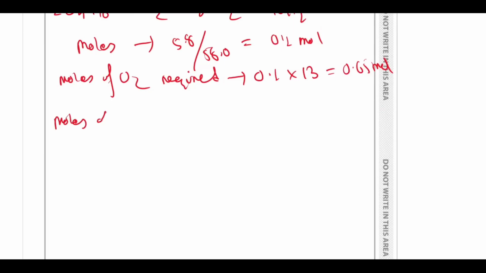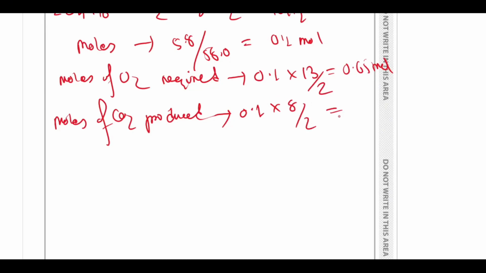That would be moles of carbon dioxide produced, 0.1 times 8 divided by 2. Sorry about that. So the answer would be 0.40 moles. That would be the moles of carbon dioxide produced.